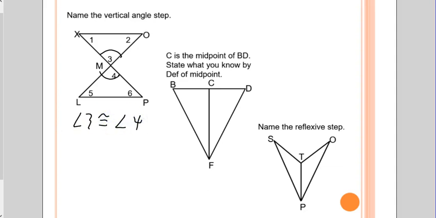But if there were no numbers, we would have to say XMO is congruent to angle, now this one we don't know, but before it was PML, so we're going to repeat what we did in the first example. PML. Notice how the vertex is in the middle.